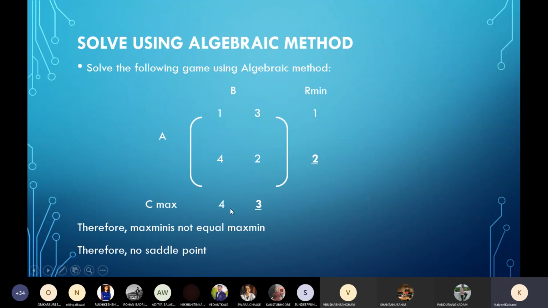Column maxima for each column: first column maxima is 4, second column maxima is 3. So the maximum out of the minima is 2 and the minimum out of the maxima is 3. So there is no saddle point for the given 2 by 2 matrix. So the value of game is not obtained in the first step. That means the saddle point does not exist in this example.